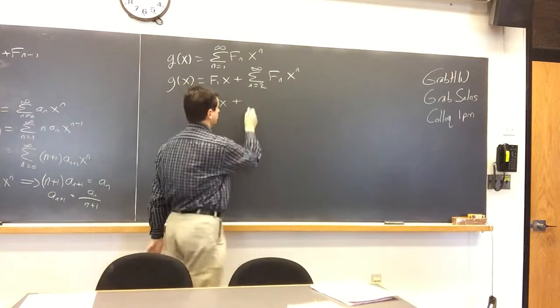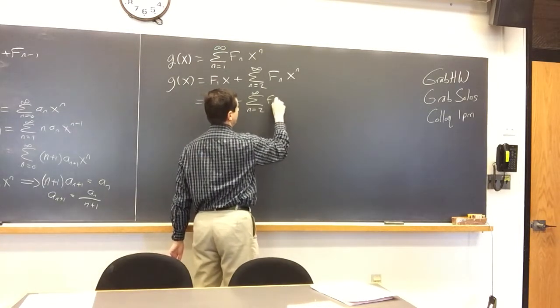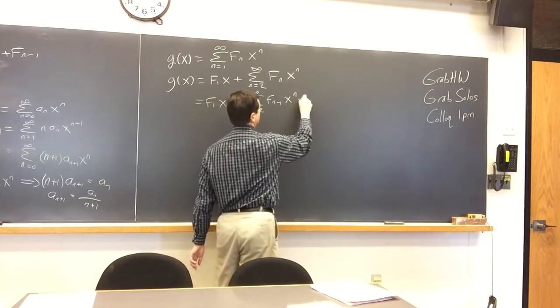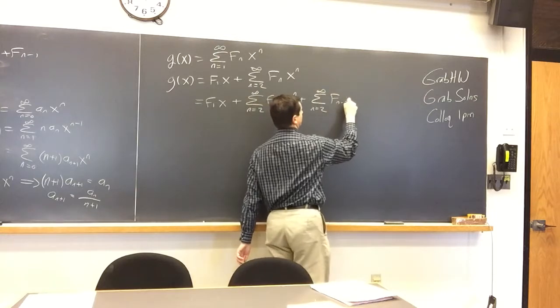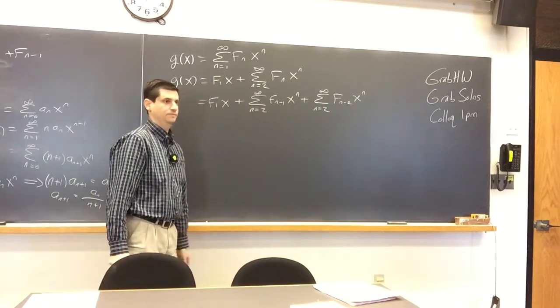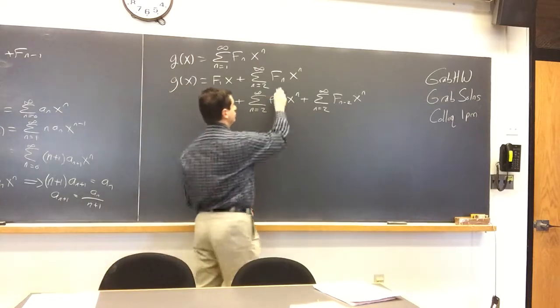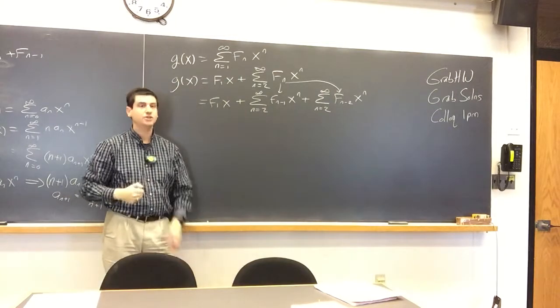That's the same as the recurrence relation. So it'll be a sum, n goes from 2 to infinity, of f_{n-1} x^n plus a sum, n goes from 2 to infinity, of f_{n-2} x to the n. Right. I'm just using the recurrence relation for f_n, and I just split the sum.